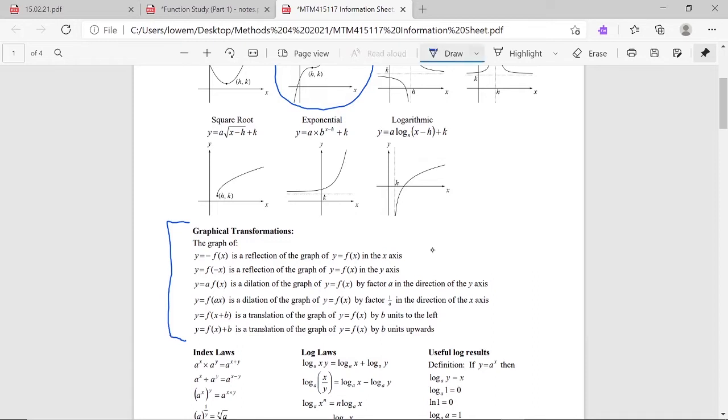So if we have some function here, and that's f of x, then if we have a negative, what it's going to do is reflect it about the x-axis. The x-axis is the mirror line, and so our original function is reflected in that. So this would be negative f of x.